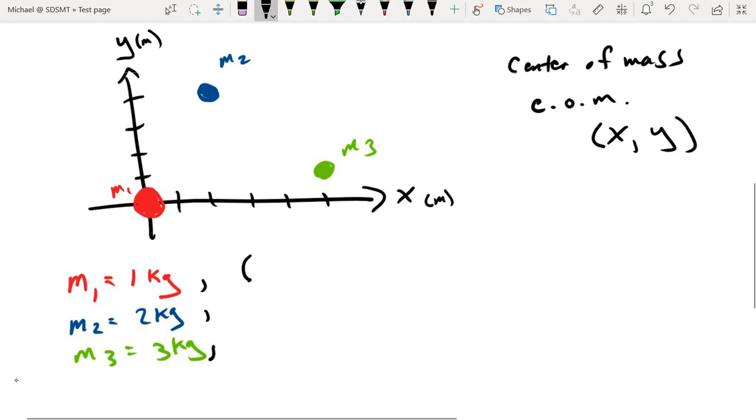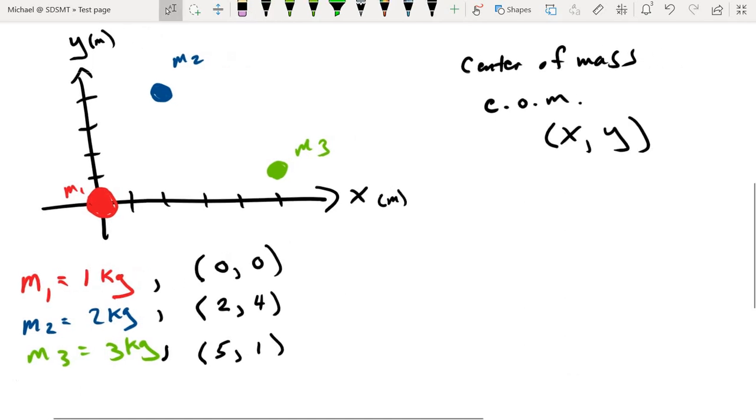So mass 1 has its location at the origin, 0, 0. Mass 2 is located at x equals 2, y equals 4. And mass 3 is located at 1, 2, 3, 4, 5, x equals 5, and y equals 1.